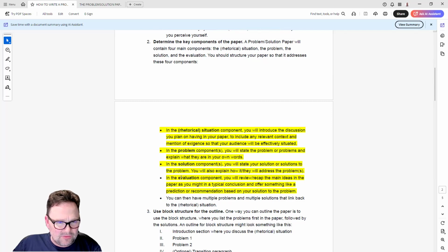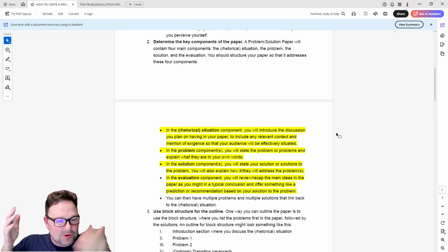And then this idea of evaluation. If I could translate some of this for a moment, really what you're doing here, you're going to write an introduction similar, not exactly, but similar to how you would in a standard typical essay. That's what we're doing here.